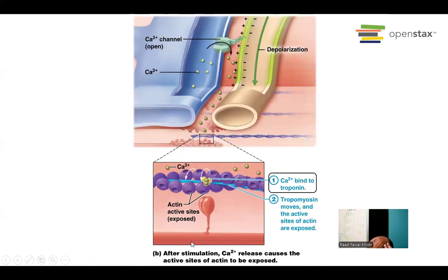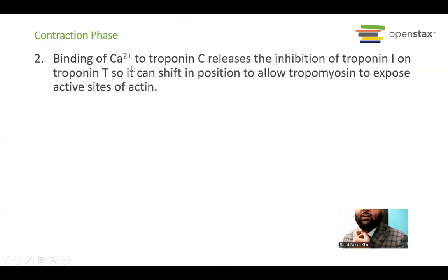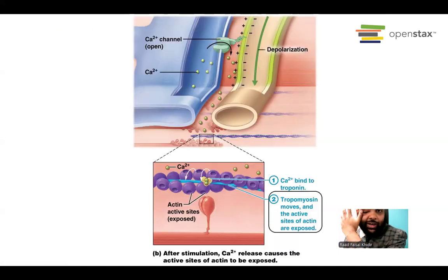After the stimulation, the calcium release causes the active site of actin to be exposed. The binding of calcium to troponin C releases the inhibition of troponin on troponin T, so it can shift the position to allow tropomyosin to expose the active sites of actin.